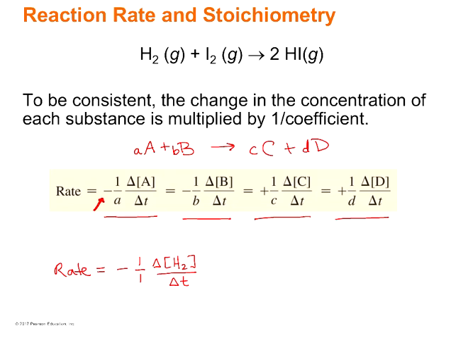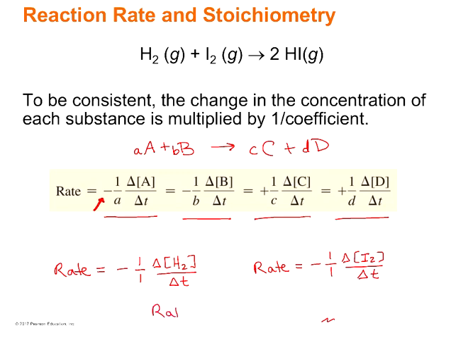And then we could also define the rate in terms of iodine. So that would also be negative because we're going to lose reactant. And then the coefficient again is 1. And then we'll write delta concentration of I2 over delta T. And now let's do that for the product.